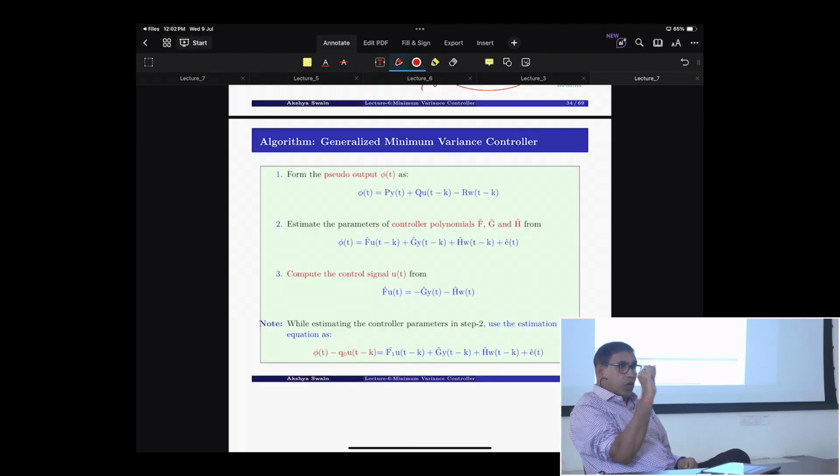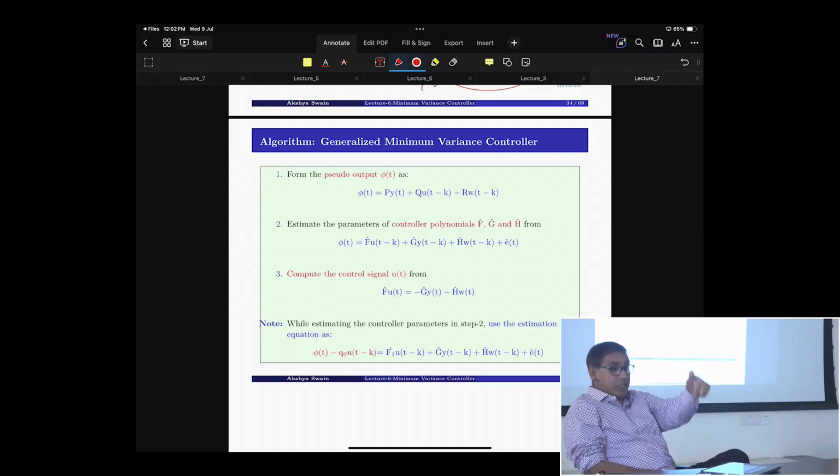If x is not known, you estimate x and put that estimate in the controller, so instead of u is equal to minus Kx, you do minus K into x-hat. Now here in the adaptive controller, you get the measurement online. You estimate the system parameters and put that estimation in the system.